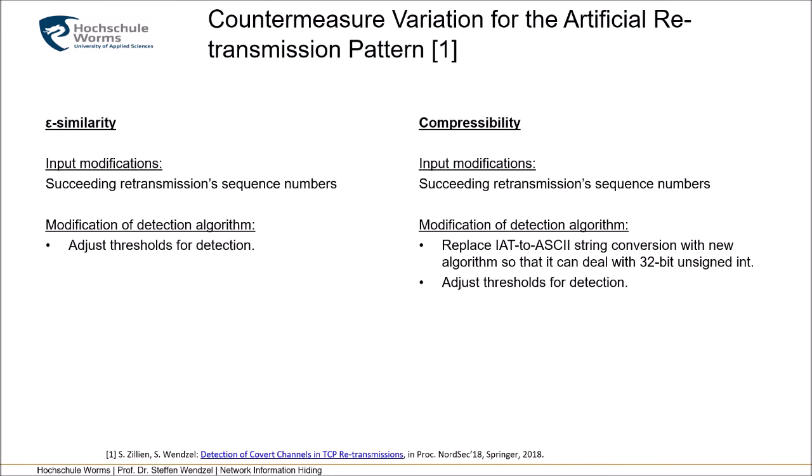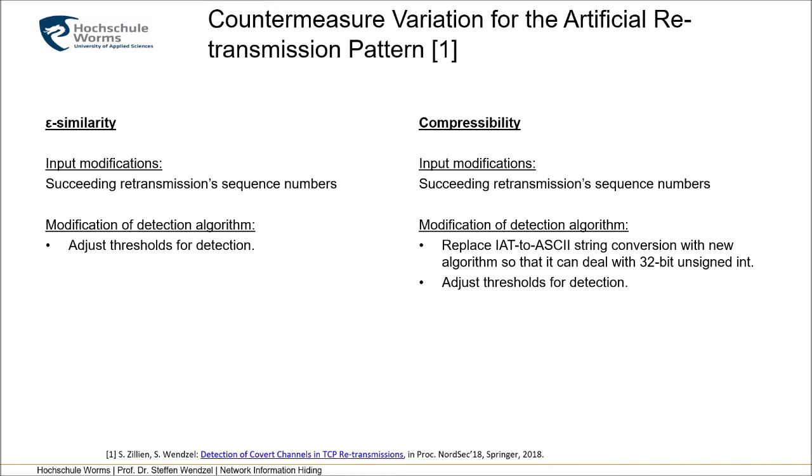Well, we performed Epsilon-Similarity and compressibility score-based countermeasure variations. For the Epsilon-Similarity, we had to modify the input so that instead of inter-arrival times, we looked at succeeding retransmission sequence numbers and modified the algorithm's thresholds.